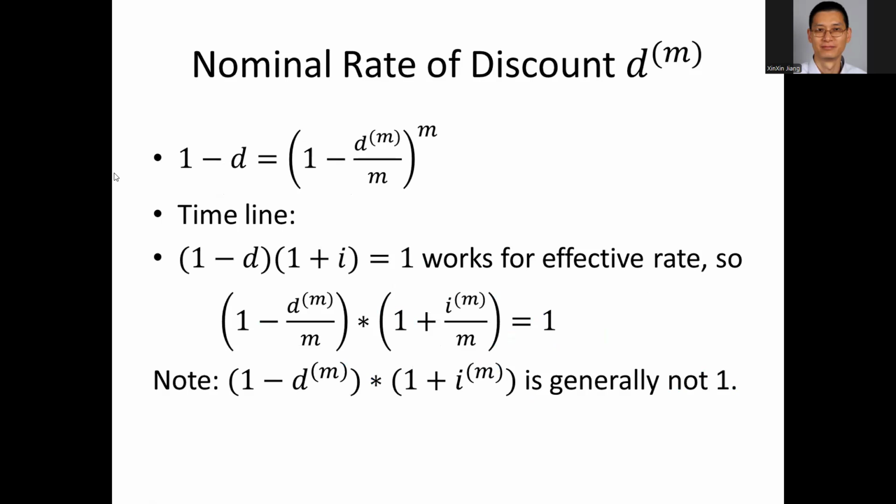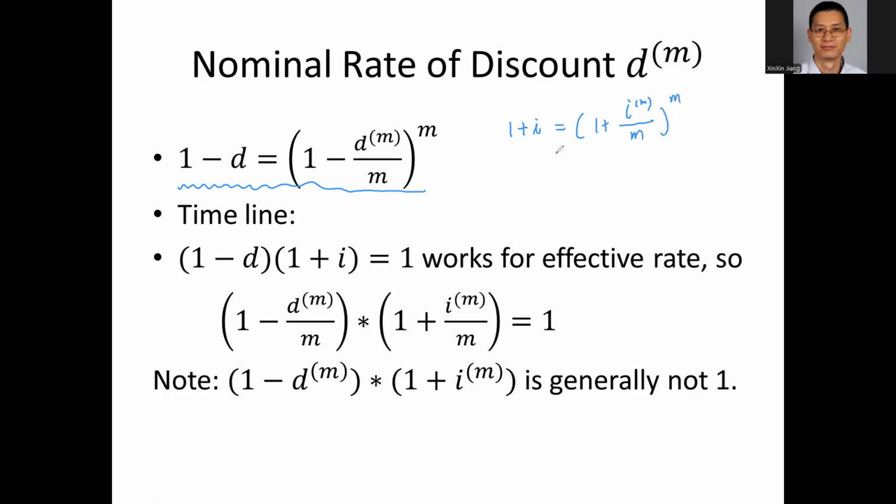All right, let's introduce the concept of nominal rate of discount, d(m). Similarly, we have this relation. Remember for the interest rate, we have 1 plus i, you're accumulating, 1 plus i equals 1 plus i(m) divided by m, to the m.